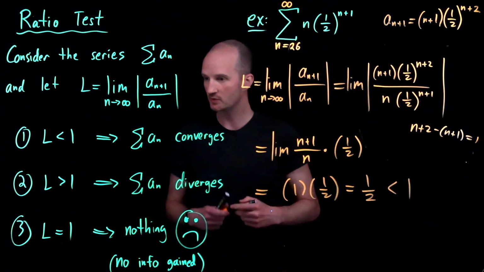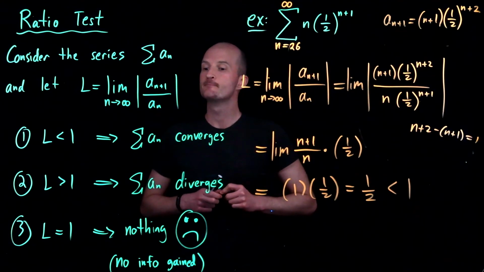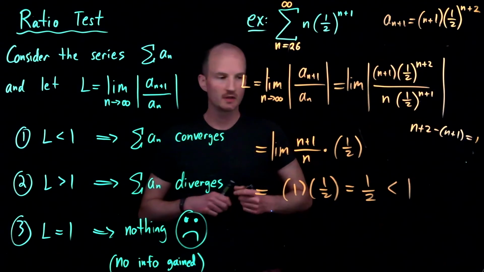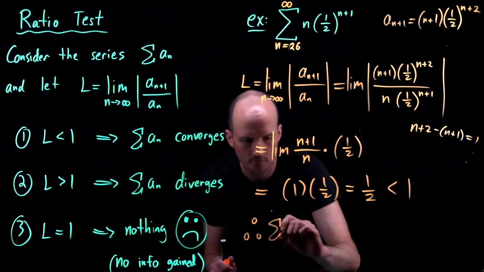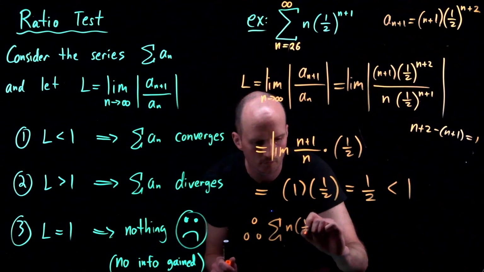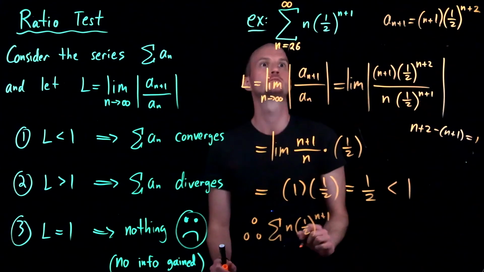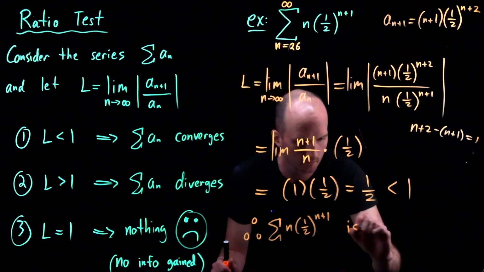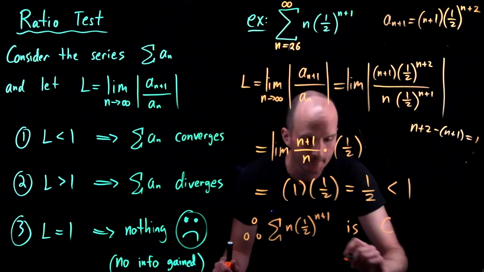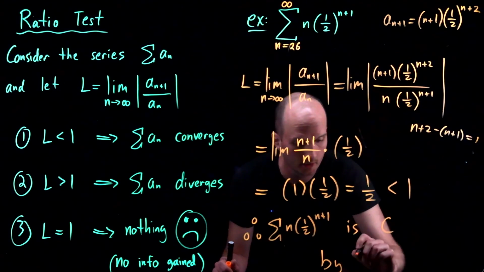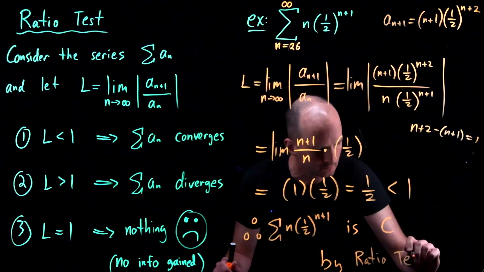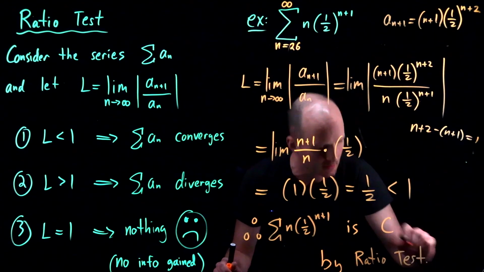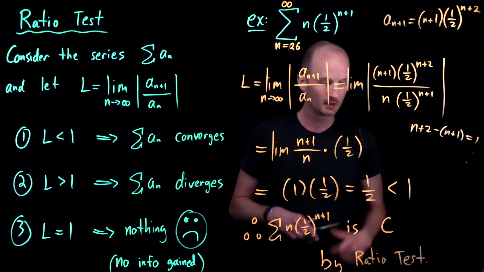So I can apply the ratio test, and it tells me that the series is convergent by ratio test. I should say it like that, just to indicate clearly to my reader what I'm doing.